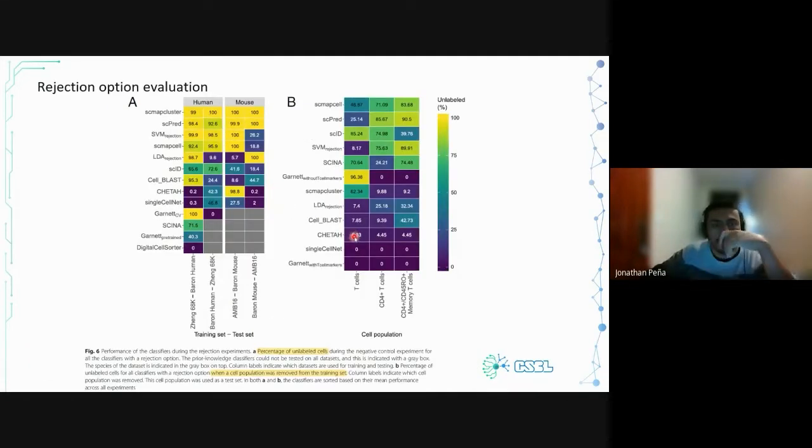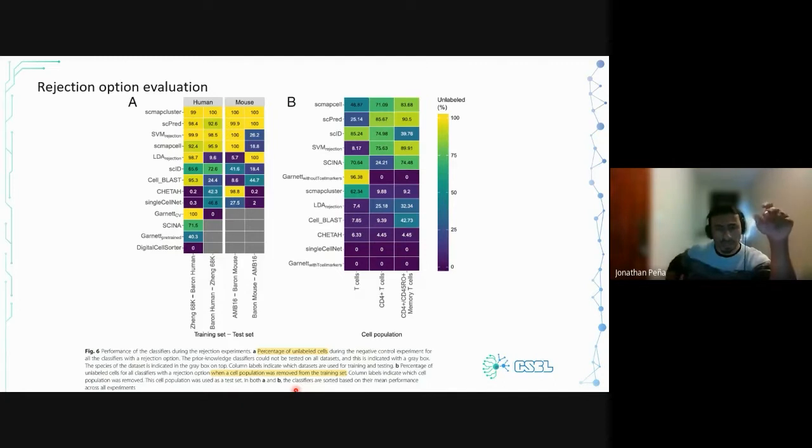E eles fizeram também uma análise de controle negativo. Alguns classificadores trazem uma opção chamada Rejection Option Evaluation. É quando eles identificam que um grupo de células não pertence a nenhum dos outros já anotados, então eles classificam como um tipo de célula novo.